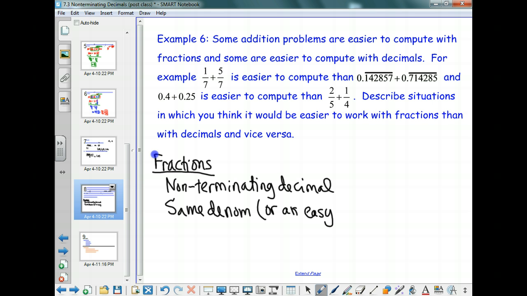So maybe an easy to find denominator. So if I was working with either of those situations, that'd be okay. I'd be happy to work with fractions under those considerations.